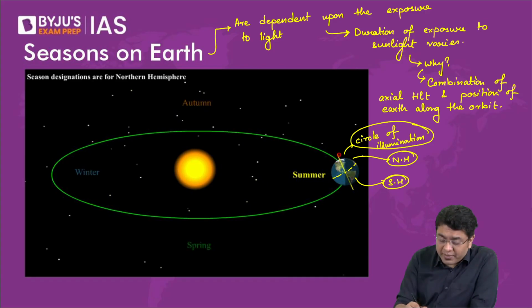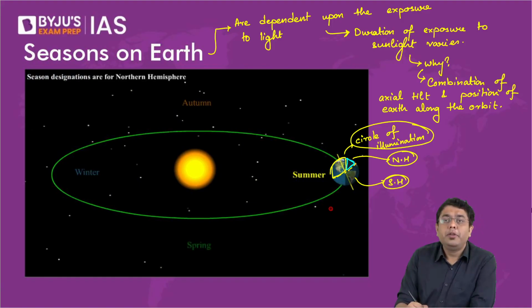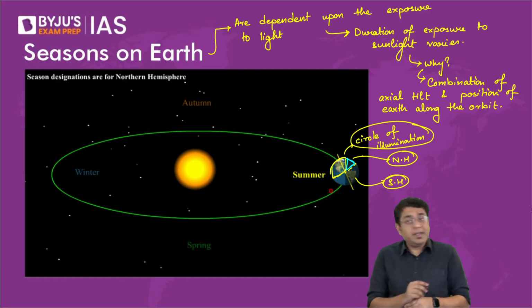If I consider only the northern hemisphere, observe that a significant majority of it is exposed to sunlight, whereas a small portion of northern hemisphere here is hidden from sunlight. So for a larger duration, northern hemisphere will experience daytime.